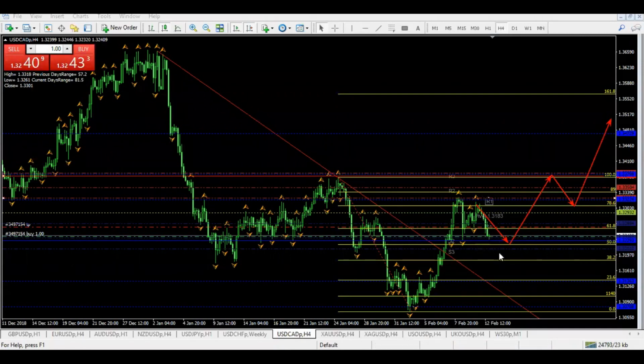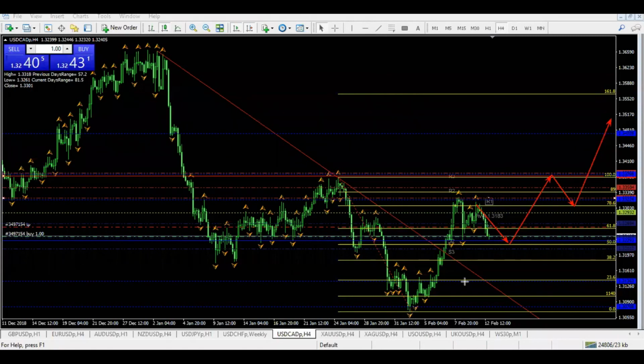So in this price zone, there should be a fractal. There should be a high getting formed. So you could draw your trend line like this one. The trend line is upwards.